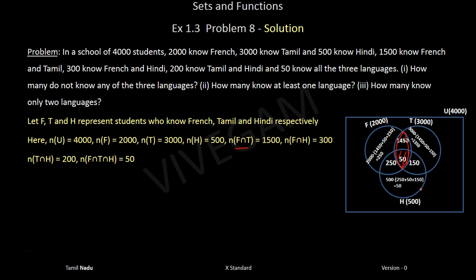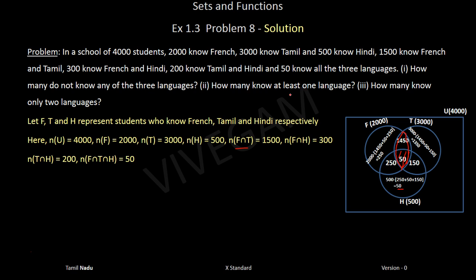Overall Hindi is this, but only Hindi is this area. Overall Hindi is 500, out of which 250 know French and Hindi, 50 know all three, and 150 know Tamil and Hindi. So add up all these things and subtract from 500, and you will get only those who know Hindi.